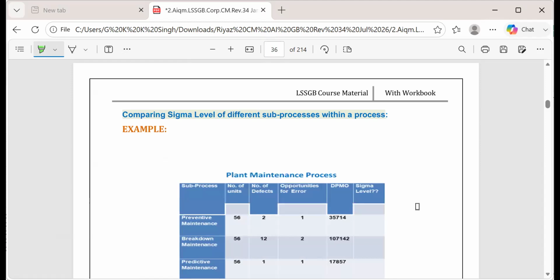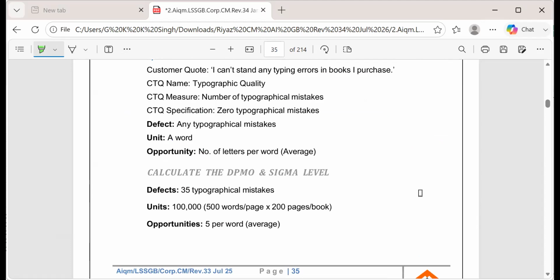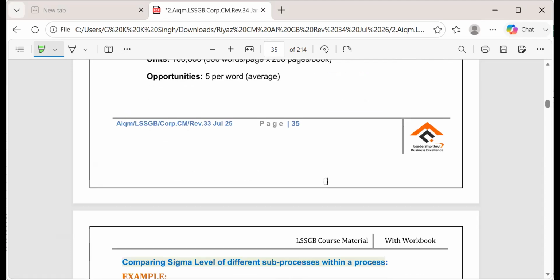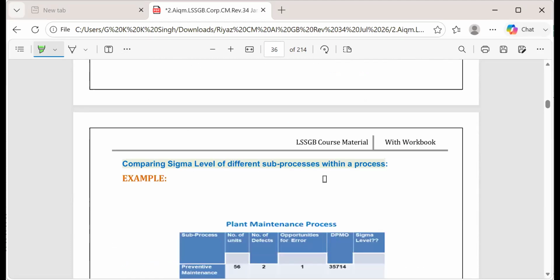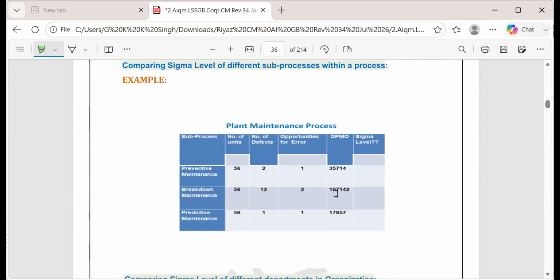Now there is an exercise on the next page. Compare the sigma level of different sub-processes. What is the use of doing this sigma level calculation? We can calculate the quality of every process in the organization. That is the advantage of this calculation. So here, for example, in the plant maintenance process, we have broken it down into three parts, and we are comparing the quality of the three types of maintenance.